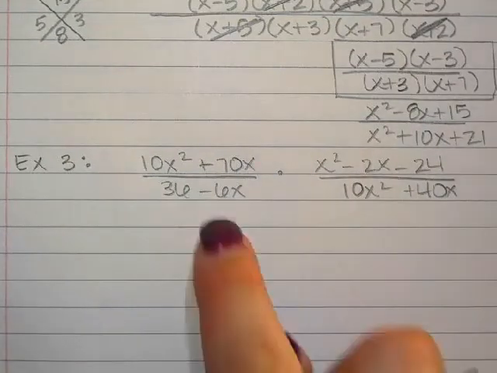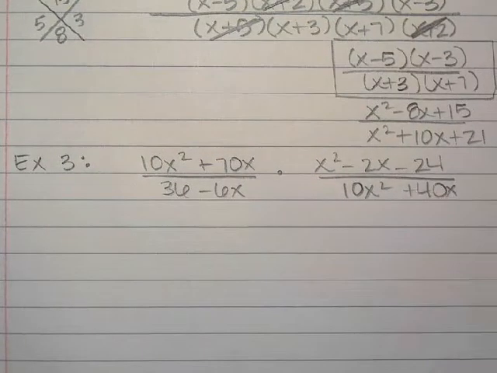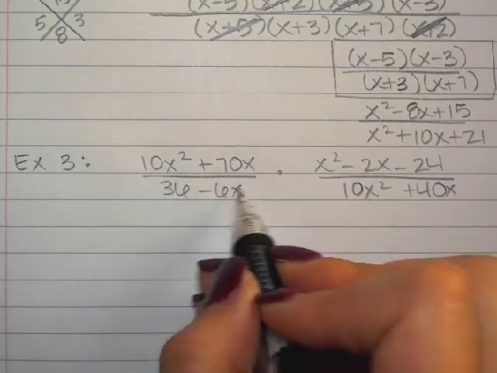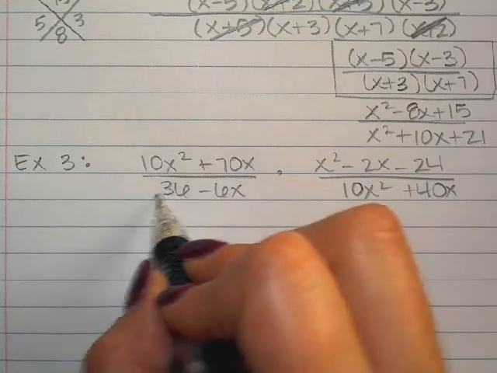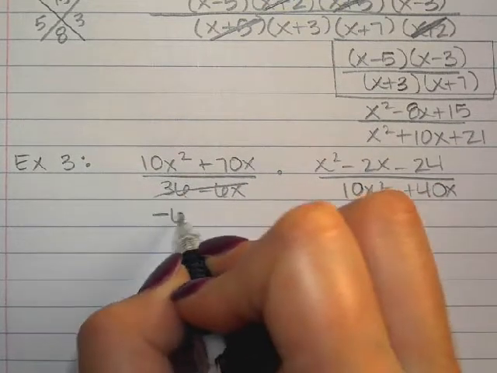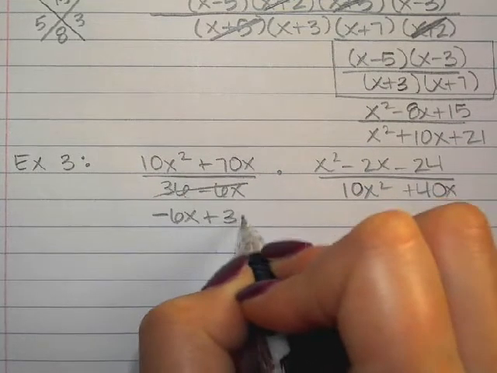In this problem, this is GCF, GCF. This part right here is written backwards, 36 minus 6x, so I'm going to go ahead and switch that. That's negative 6x plus 36.